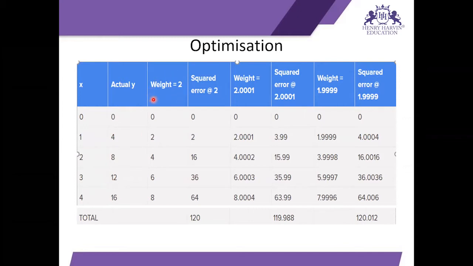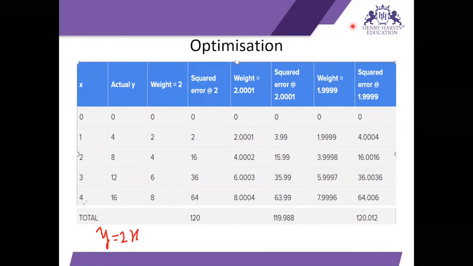So first the machine initializes the weight as 2. Now, when the weight is equal to 2, what will be the predicted values of y? Since we have taken the relation as y is equal to 2x, it gets substituted in this equation and this will be the predicted value of y, right?